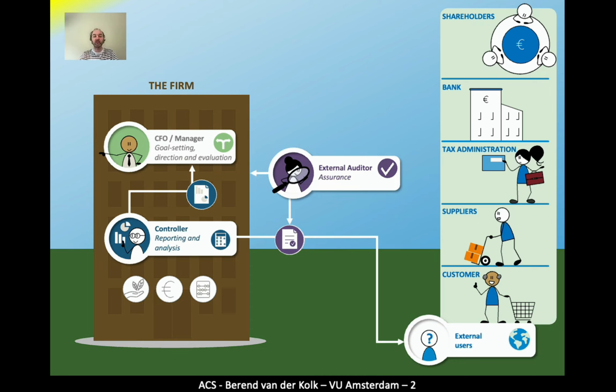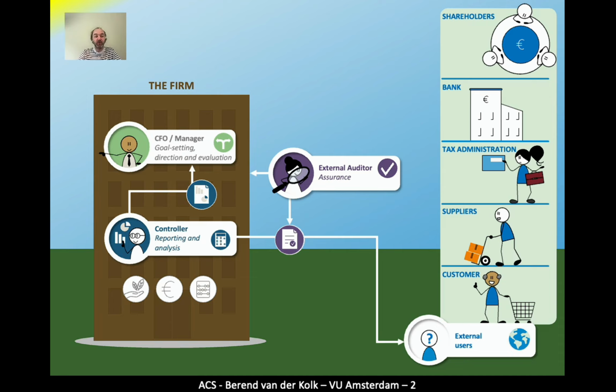Auditors are the ones who can check whether a firm is reporting indeed the right information. They do so by providing some level of assurance and say, the report that you now have, the annual report, for instance, that's going to the shareholders, contains information that is reliable, or we found no evidence that it's not reliable.